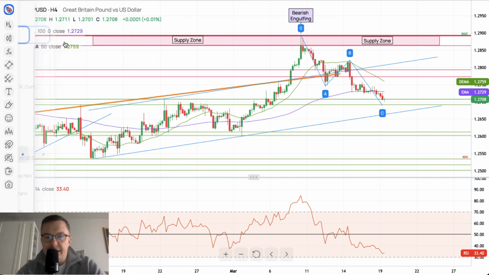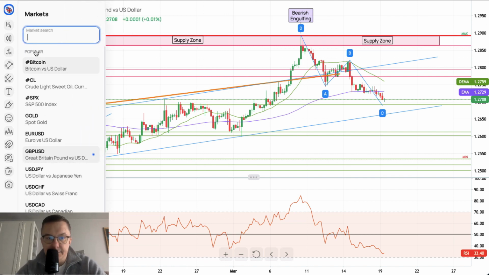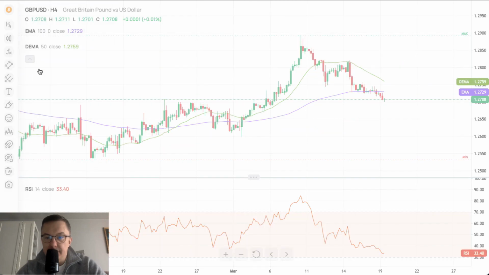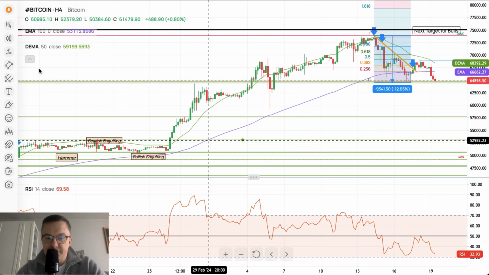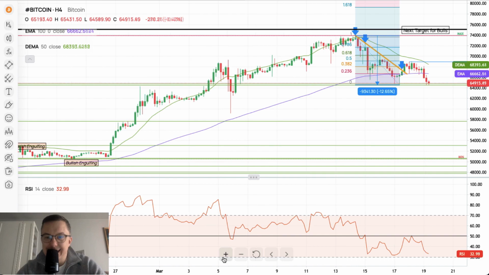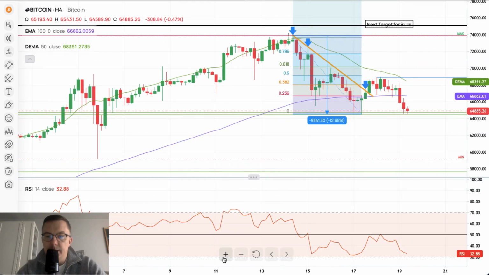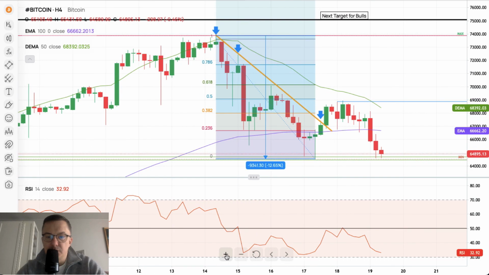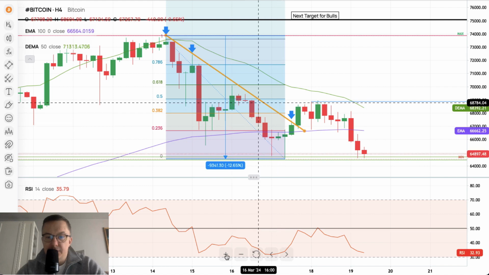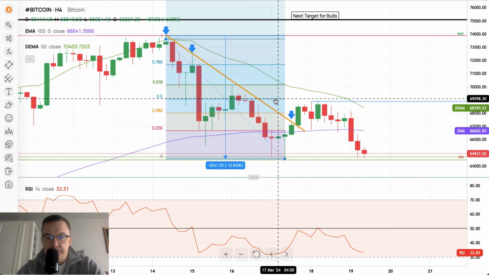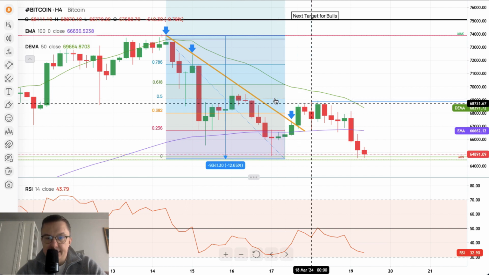And now, last but not least, we should talk about the Bitcoin, because everyone talks about the Bitcoin. Remember yesterday's analysis when we noticed that the Bitcoin went towards the level of 50% Fibonacci retracement. It almost hit this level and then reversed.